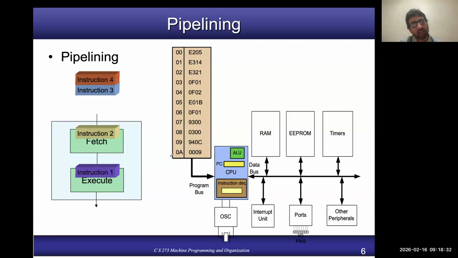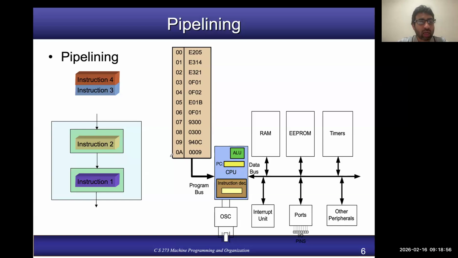For example, here at any given time we can have two instructions in the processor, because we have 2 stages. But if you have 5 stages, you can have 5 different instructions in different stages of the pipeline at the same time, which means you are overlapping the execution of 5 instructions. So theoretically you can get more speedup. The higher the number of stages, the higher the speedup, theoretically, right?